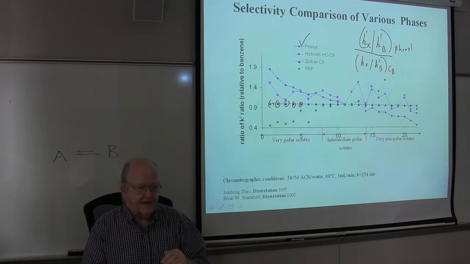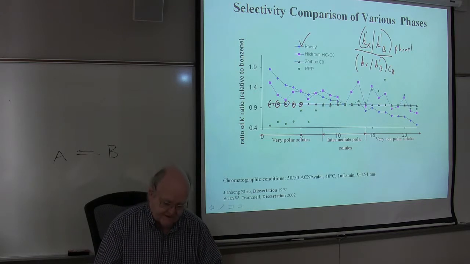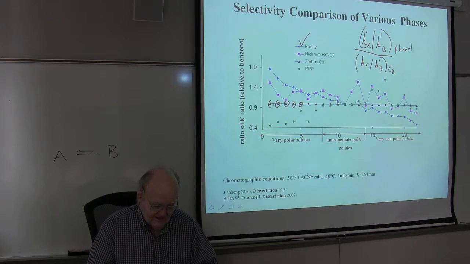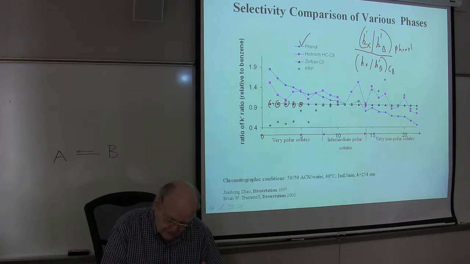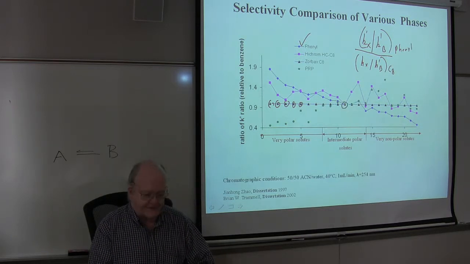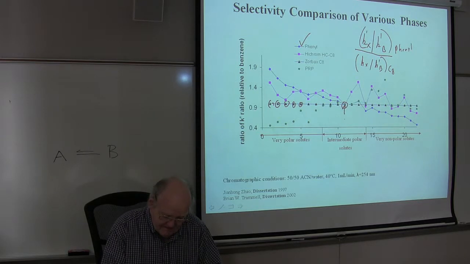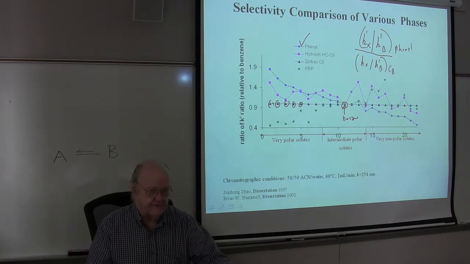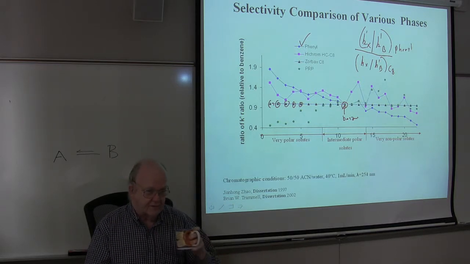So the deviations here indicate a difference in selectivity of the four phases. They cross over here because that's benzene. So they have to cross over there. That's not magic, it's just algebra.